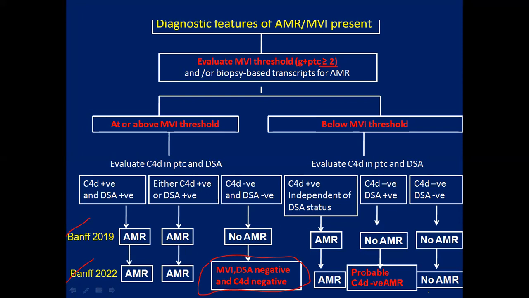If the C4D is positive in the PTCs and the DSA is positive, it is ABMR according to BANFF 2019 and 2022. But when you come to this area, where the microvascular inflammation is there, but C4D is negative, DSA is negative, according to BANFF 2019, there was no ABMR.